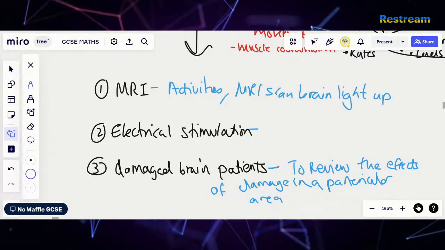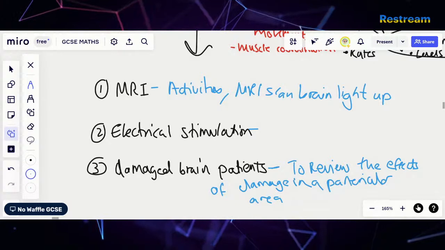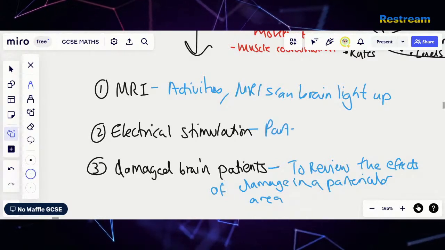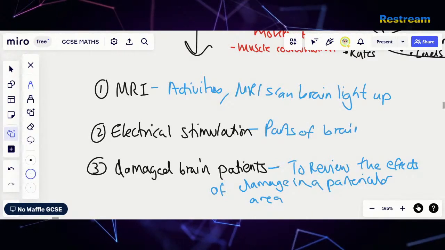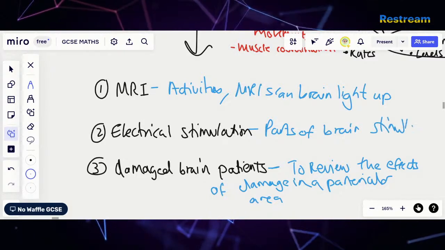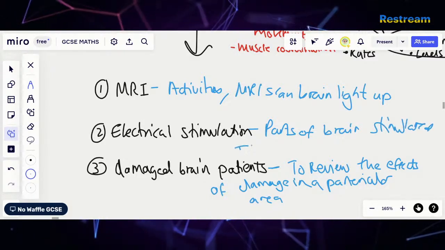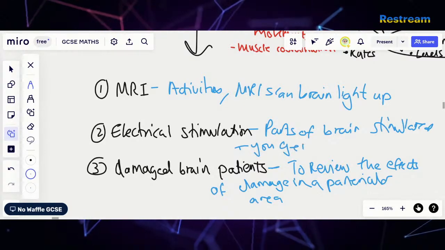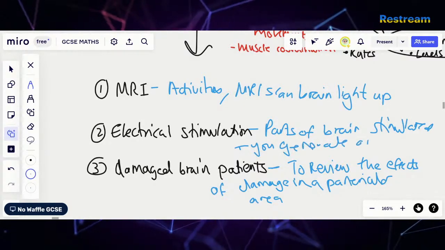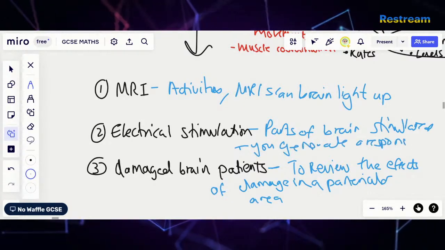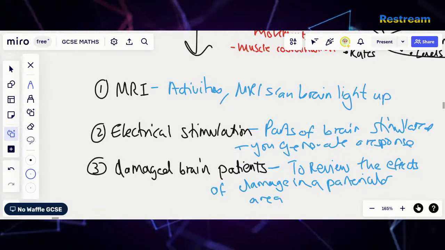And then electrical stimulation is when the parts of the brain are stimulated and you generate a response. So they're the three types of investigating brains.